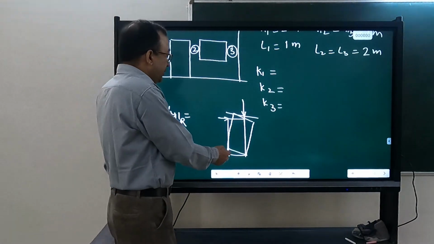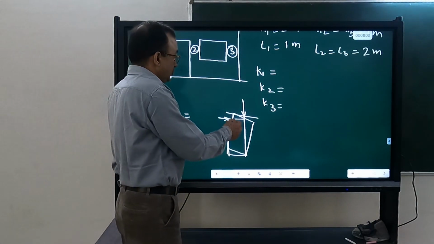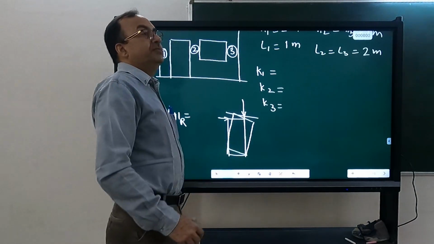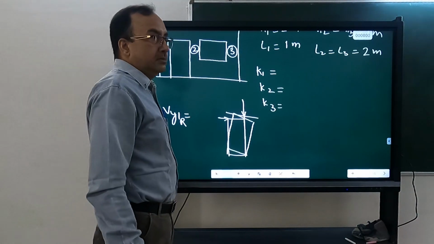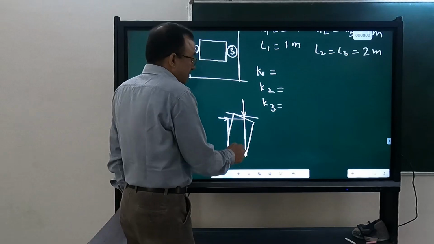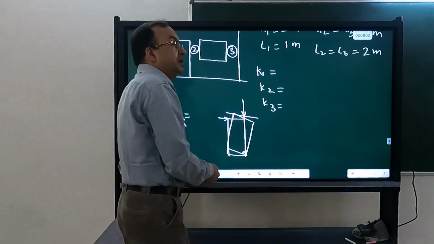So how much will be the rocking strength? You can calculate either from equilibrium or from crushing of the toe here. Okay, so when this toe will crush, then it will fail, or when it overturns.